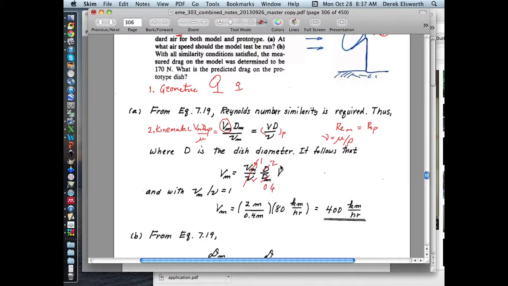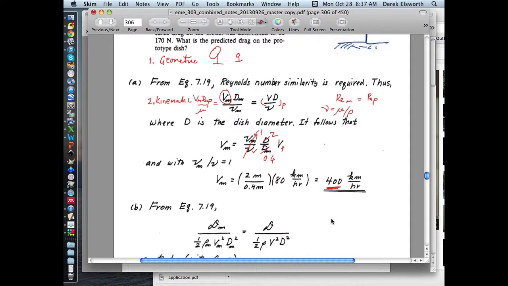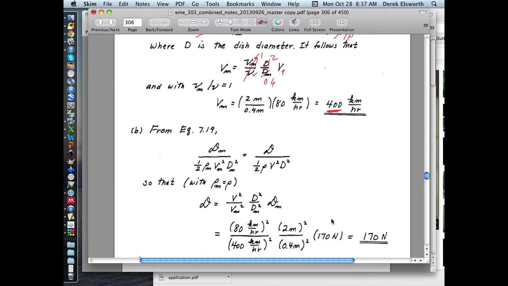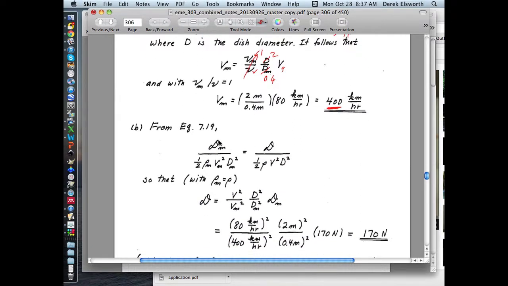And we know what the velocity of the real prototype is, which is 80 kilometers an hour. So we can calculate what the wind tunnel test is, and it's actually a pretty big number. Right? The only thing that's changing is the length scale, so it scales with the length scale, so it's 5 times the speed otherwise. And so if you then do the experiment at the same Reynolds number, then you can then guarantee kinematic similitude.